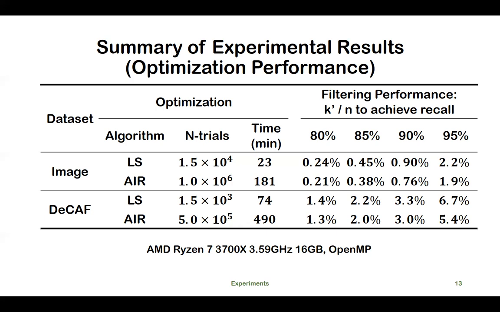And therefore, the calculation time for optimization is longer. In both cases, the pivot found by AIR shows the best performance. The search speed using these is shown in the next slide.